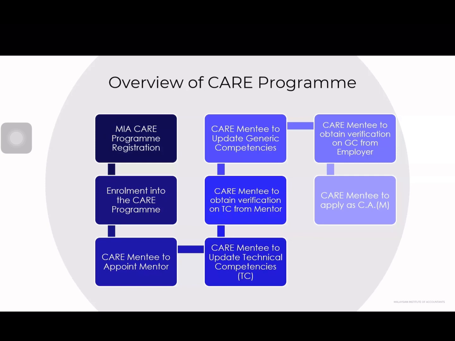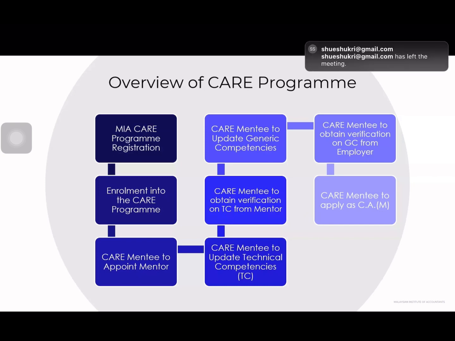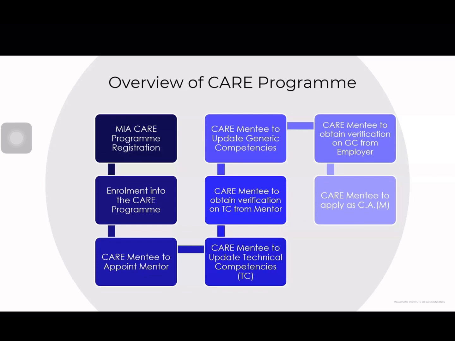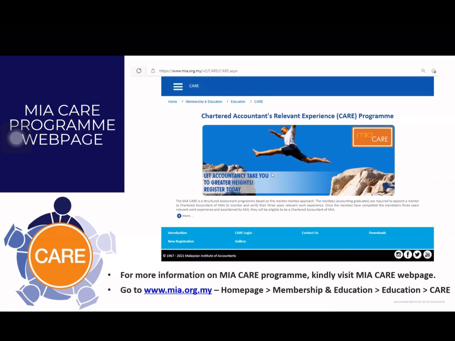The best is after you graduate, you use this user manual, contact the MIA and proceed. So at least you know that you can still apply for MIA membership after you graduate. Of course, you have to go through this 36-month CARE program, mentoring. Then you can apply for the membership.